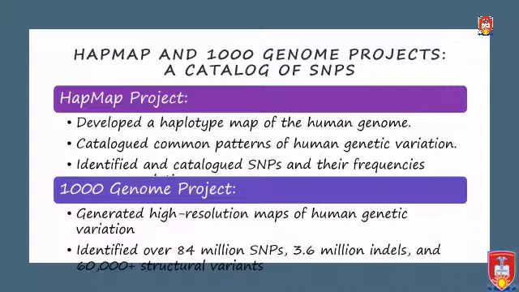From there, it's a catalog of what you call single nucleotide polymorphisms. These are different variations in our genes. The HapMap project is a haplotype map, and it has common patterns for human genetic variation, a very useful tool for those working in that field. And then on top of it, we now have the 1,000 Genomes Project that identified about 84 million SNPs and different variations in the human genome.